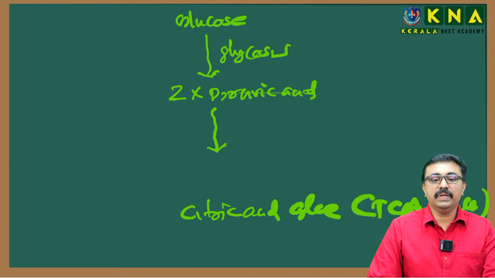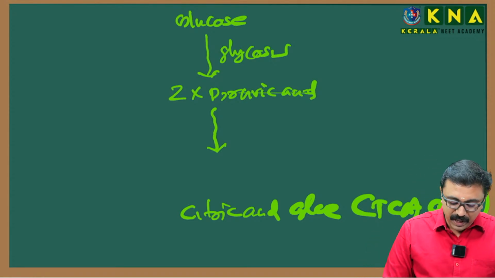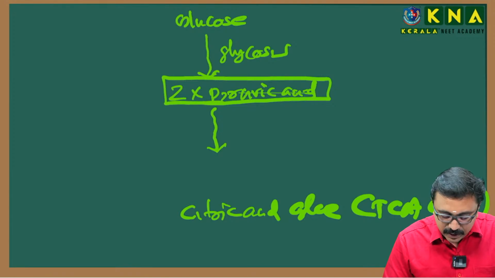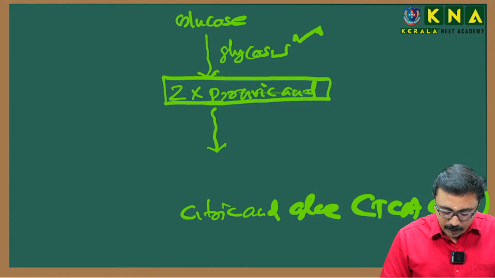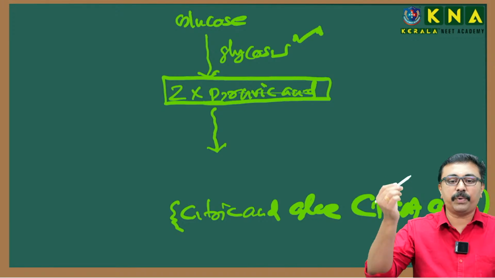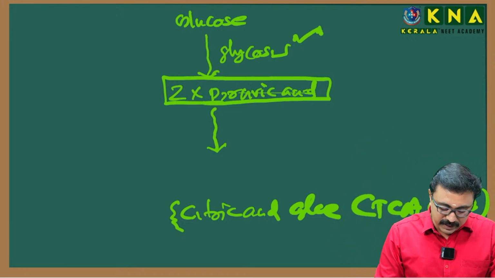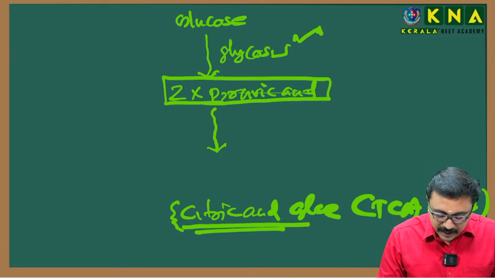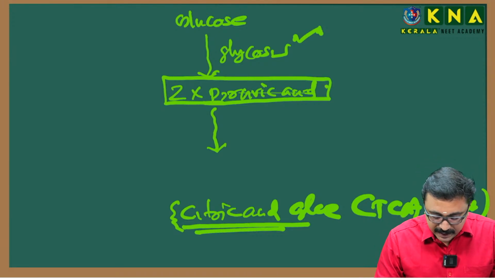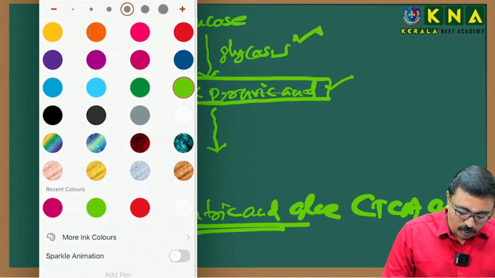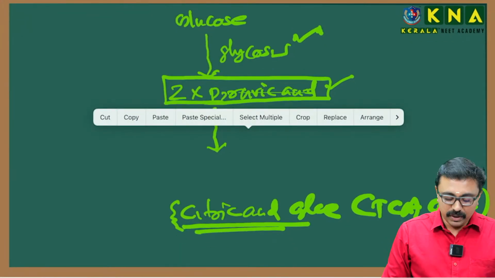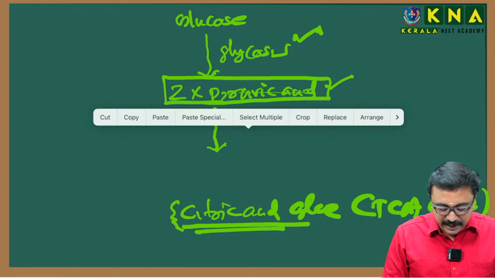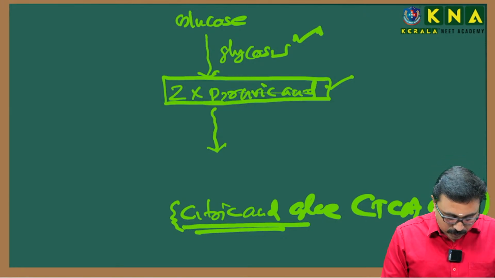The pyruvic acid formed during glycolysis is not the substrate for the citric acid cycle. It is first converted into another substrate, called acetyl coenzyme.